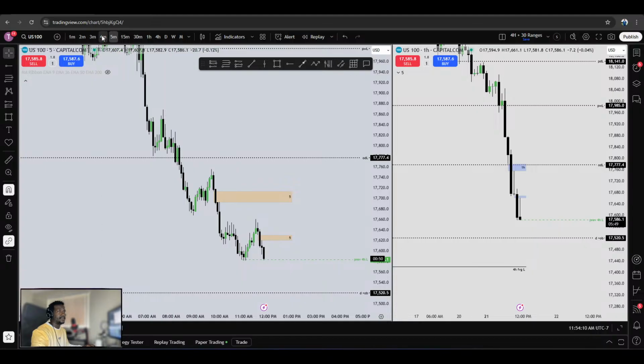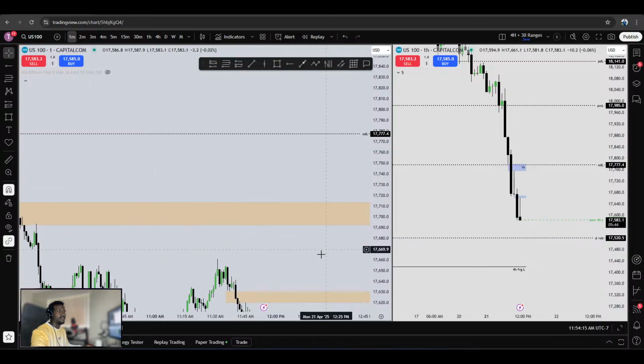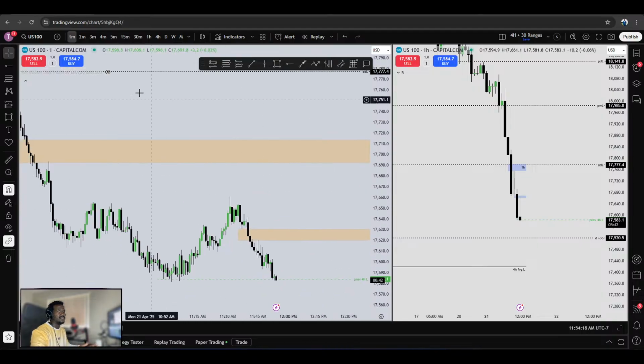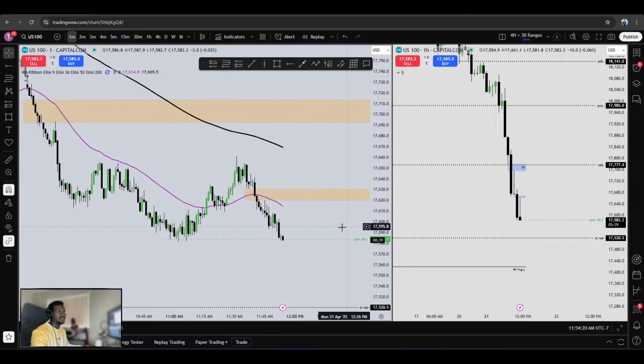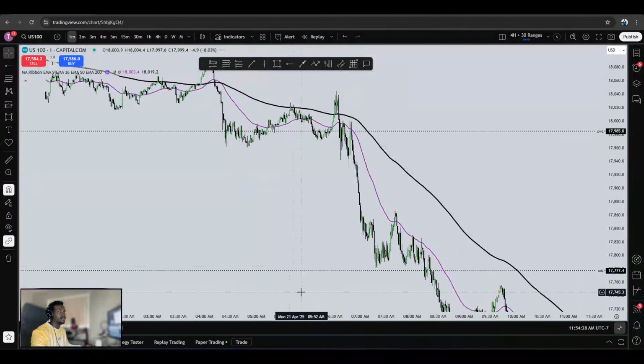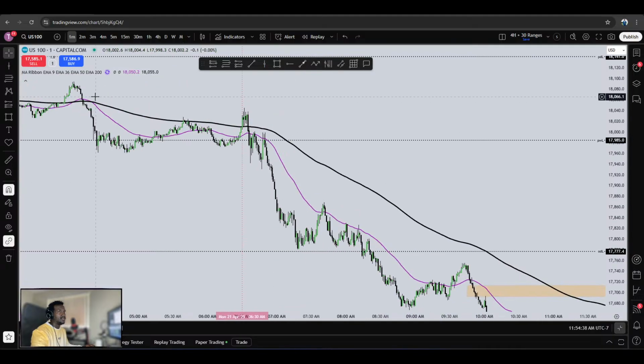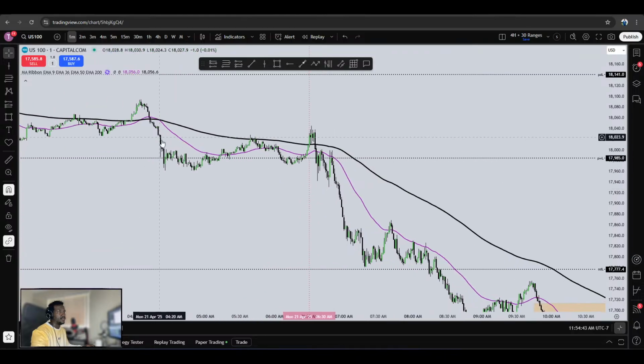Where are we now? Let me see the full. I'm just going to go straight to the 1 minute, and I know if I put the 50 cross 200, 50 is definitely below 200. That's a fact. So if I was trading this strategy in the morning, let's say I came here at 6:30, which is something I probably need to get back to, all I'd be looking for is whether 50 is below 200, and then I want to see a trend line from the retracement back to the 50 and 200.